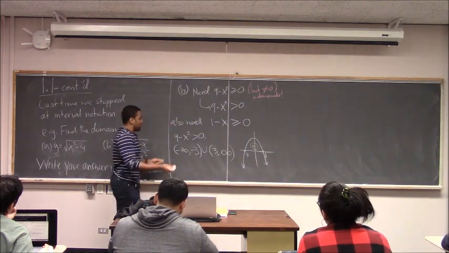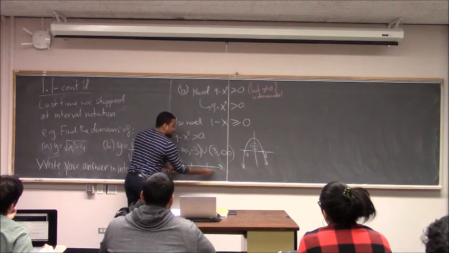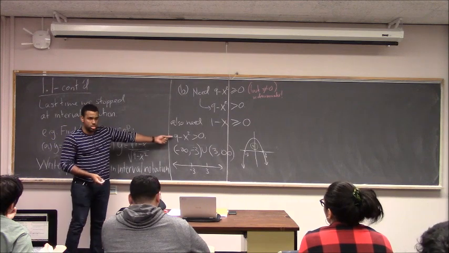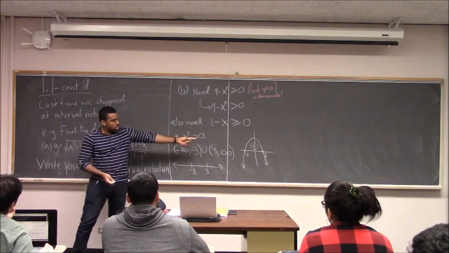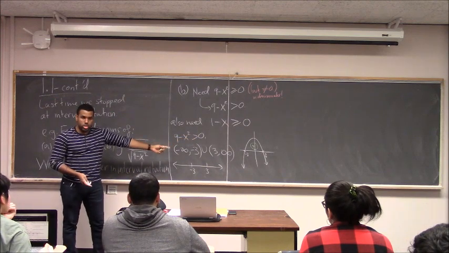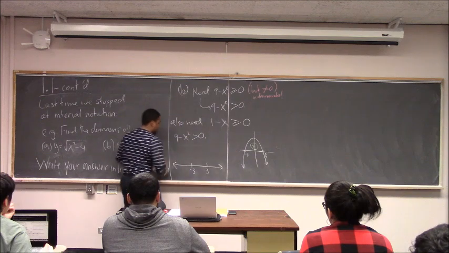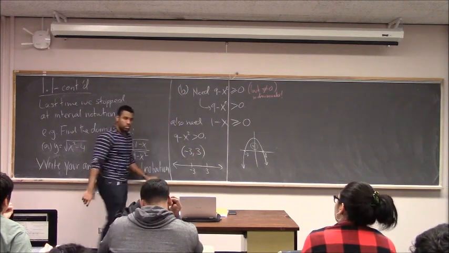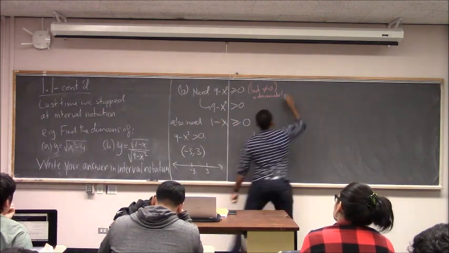You could also have tested values and you would have figured out the same thing. But it's pretty easy to just look at the graph. 9 minus x squared looks like that. So this time the middle part is what gives me the answer. So it's not this. In fact, it's in between. Okay. Be careful.